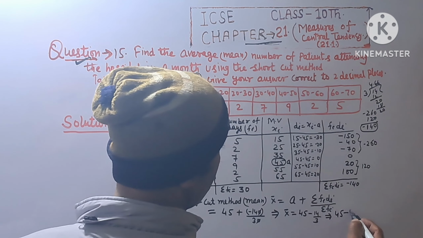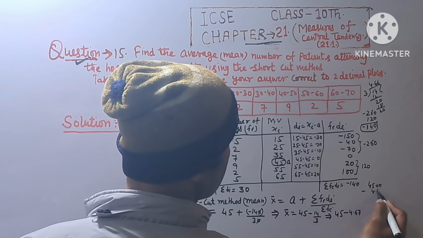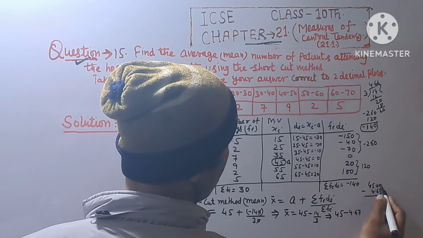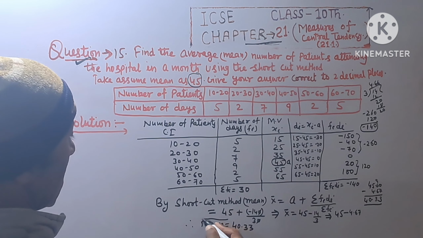So 45.00 minus 4.67 is equal to 40.33. So mean equal to 40.33.